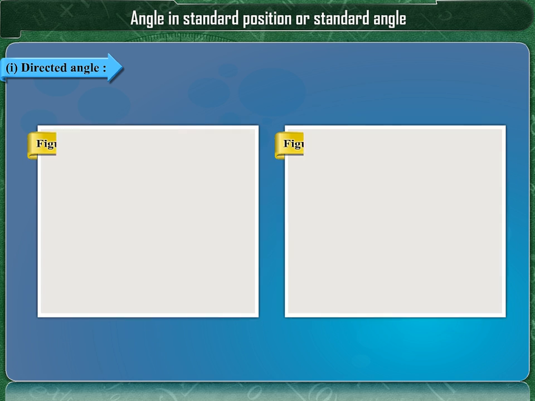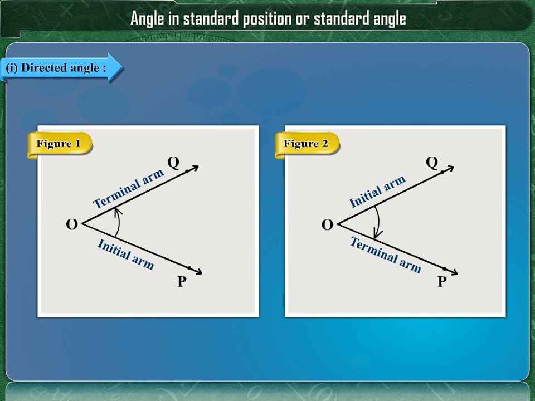Observe the two figures which are shown here. In the first figure, the initial arm OP rotates in the anti-clockwise direction. Ray OQ is the terminal arm, and in the second figure, the initial arm OQ rotates in the clockwise direction.